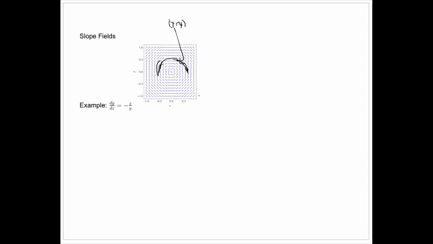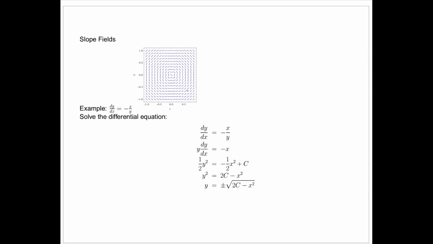This is a bad drawing, again, because I'm getting used to using this tablet. But wherever you start your solution curve, you'll need to have a solution which is everywhere tangent to the slope field. In this case, let's see how that works out.